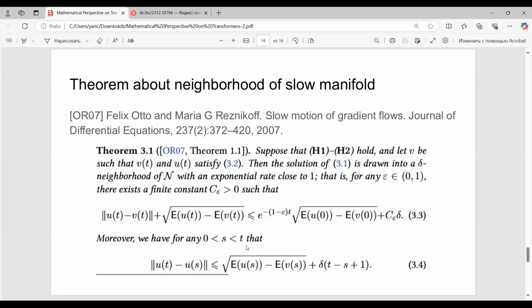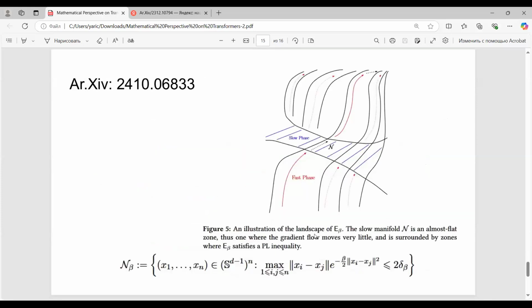So you just have this very slow convergence of your activation dynamics in the neighborhood of this N, and this will take lots of time.